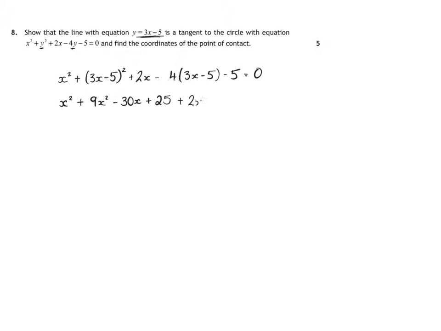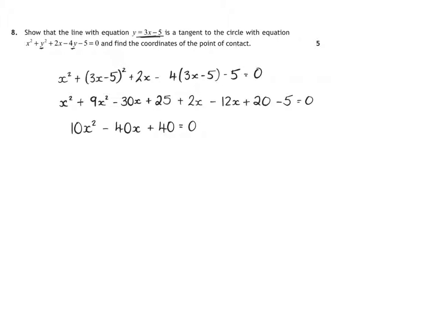Plus 2x minus 12x plus 20 minus 5 equals 0. So when we sort all this out, we're going to get 10x squared minus 30x plus 2x minus 12x, so that's minus 40x. And then we've got 45 take away 5, which is minus 40 equals 0. Not minus 40, plus 40.